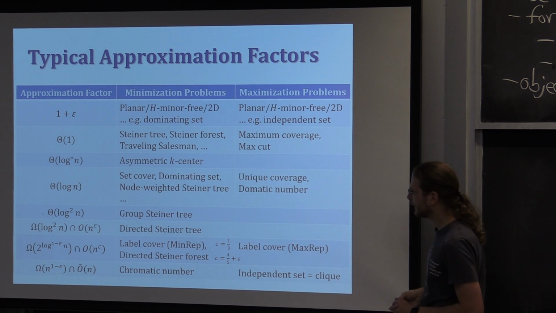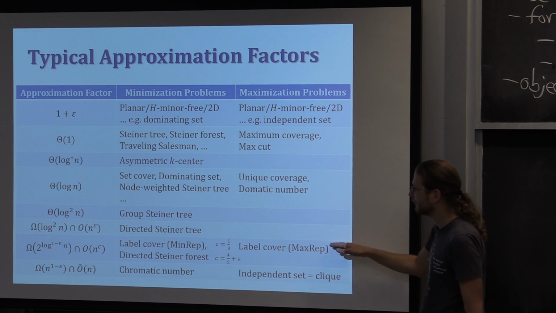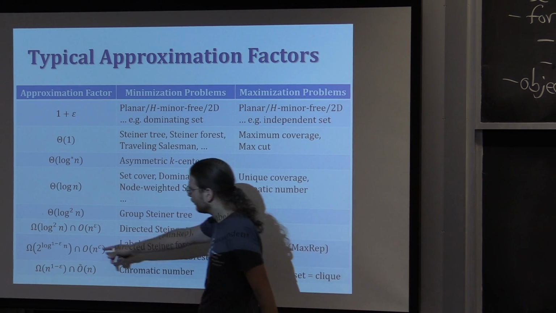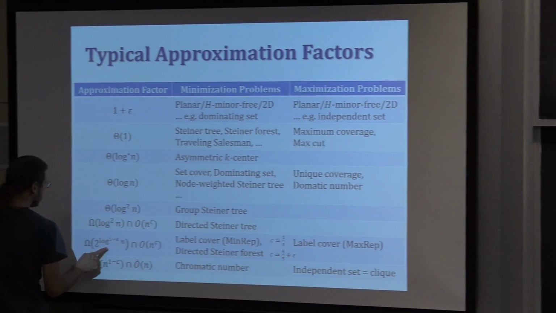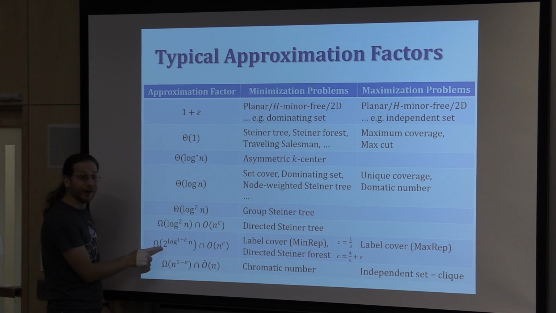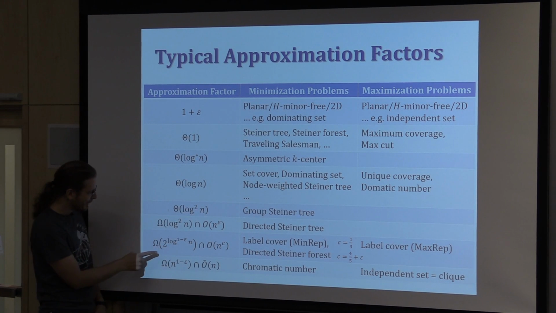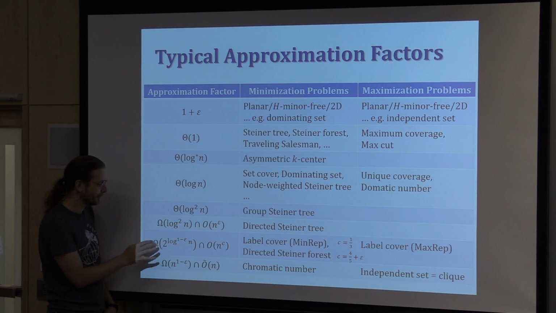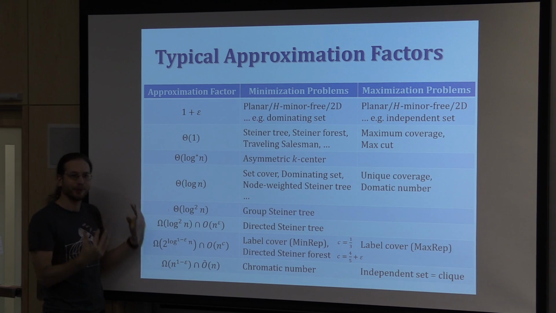Something we will get to in a later class is called label cover. I won't define the problem here because it takes a while to define. But there's very strong lower bounds on inapproximability. It's similar to n to the 1 minus epsilon, but it's not. It's a little smaller. So you see 2 to the log n would be n. That would be great. And so you'd really like 2 to the log n to the 1 minus epsilon.